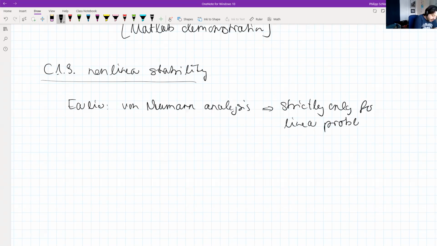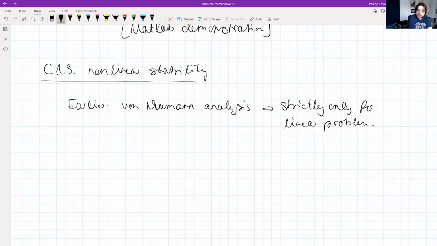The very simple reason why this is only for linear problems is that we did a Fourier transform, but then we considered each Fourier mode independently. And this is only possible for linear problems with constant coefficients.